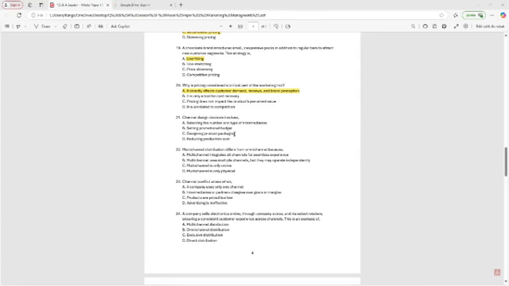Designing product package, no, the product package is not relevant to channel design. Reducing production cost is not relevant to channel design either. Channel design is the distribution part. So the answer is A. Selecting the number and type of intermediaries.